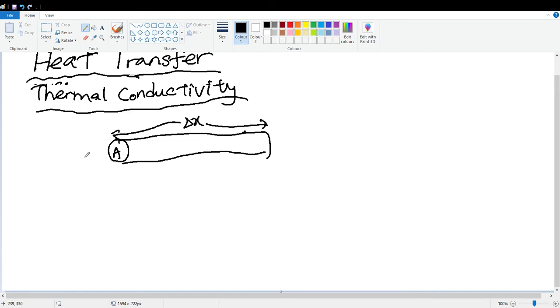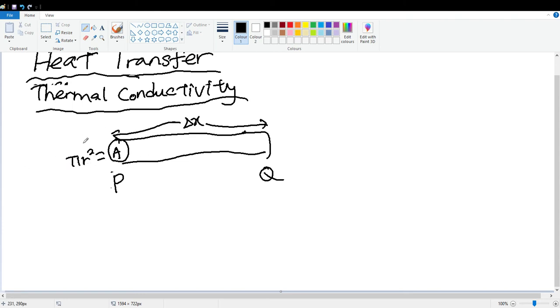Okay, so let's say this is my point P and this is my point Q, and this A we denote as the cross-sectional area of the wire, which is assumed to be pi r squared.